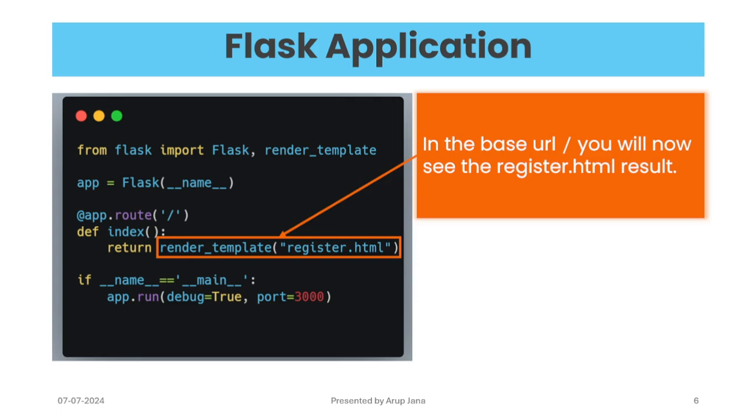You don't have to worry about whether you need to provide the path of the templates folder, because Flask is automatically going to find the HTML code inside the templates folder because of the function render template. As you can see, the function name already suggests that it is doing something with the templates folder. So in the base URL you will now see the registration.html result.